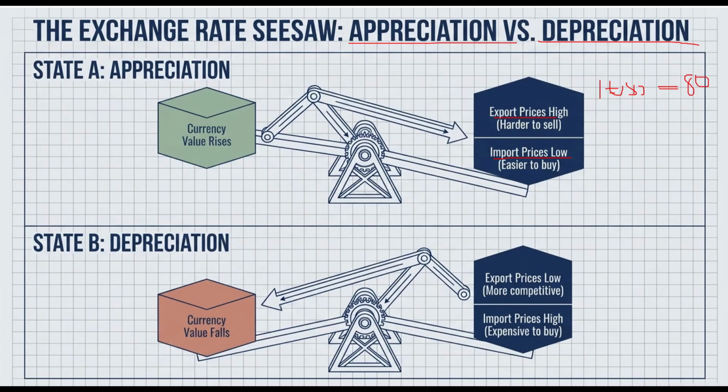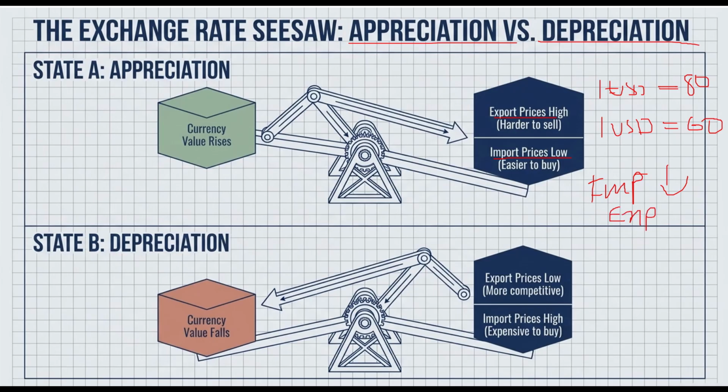Now one USD is equal to 60 rupees. Which means we had to spend 80 rupees for buying a $1 product from another country, but now we only have to spend 60 rupees, which means imports become cheaper.